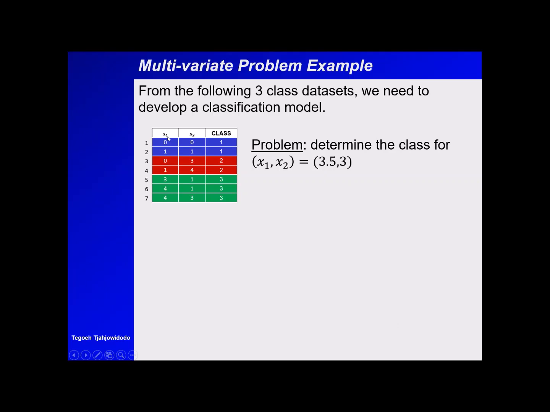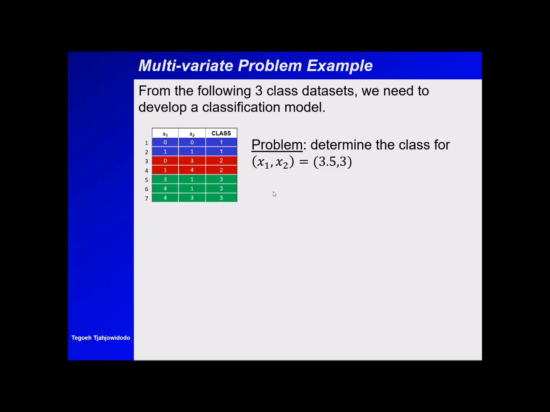I have two inputs, x1 and x2, and then I have three classes to distinguish these inputs. I have 7 training sets here. The first two belong to the first class. The next two are from the second class. The remaining 3 are from class 3.